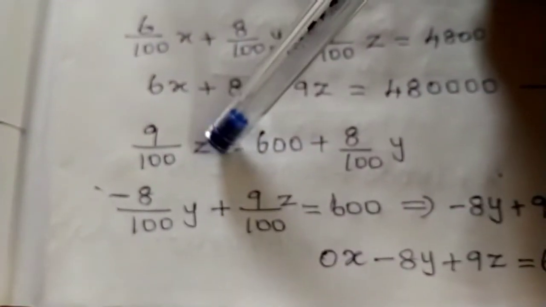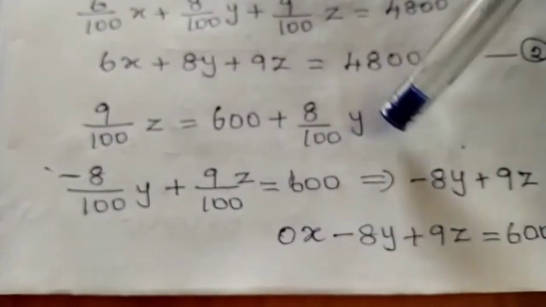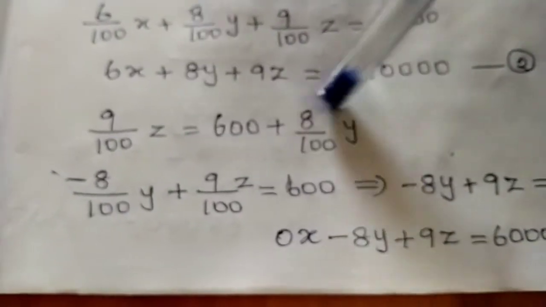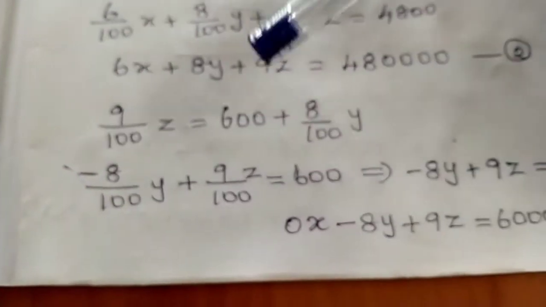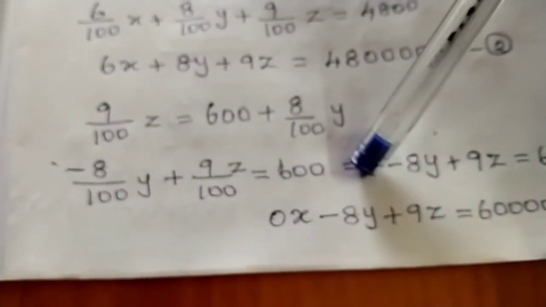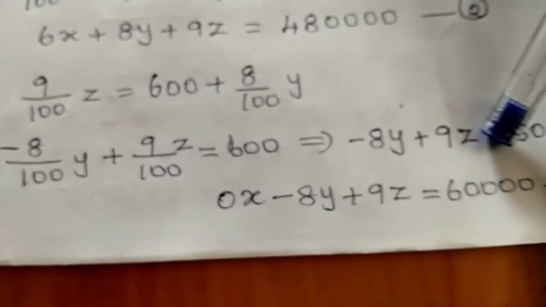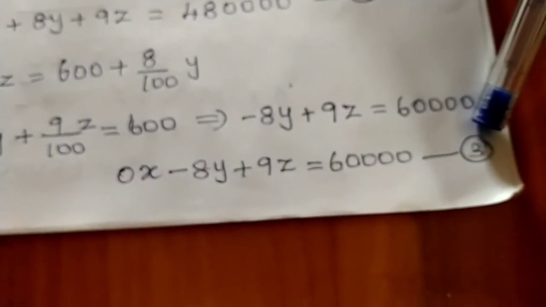That is 9 by 100 z equal to 600 plus 8 by 100 y. Plus 8 by 100 y, go to that side, minus 8 by 100 y. Here 100 common, divide, go to that side, multiply, minus 8y plus 9z equal to 60,000.